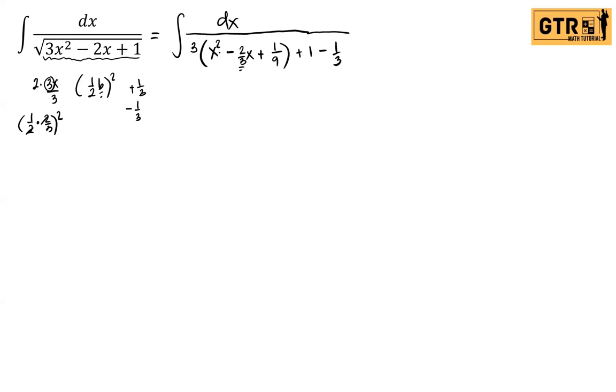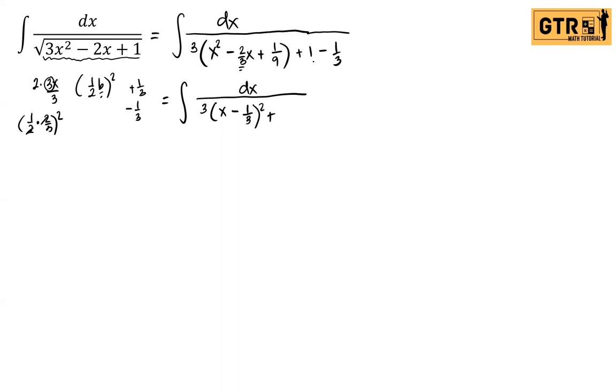Okay, so now express this as a square of a binomial. So we have dx over the square root of 3 times x, and the square root of 1 over 9 is 1/3. The middle term is negative, so we have 3 times (x minus 1/3) squared.